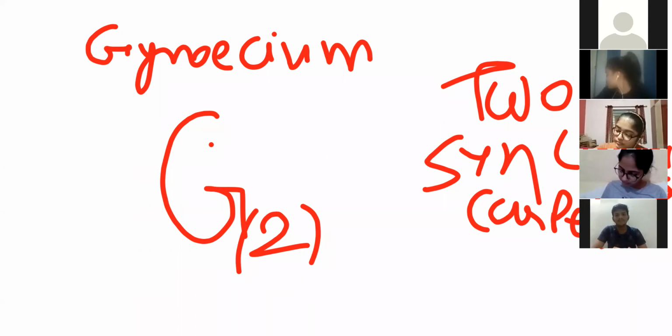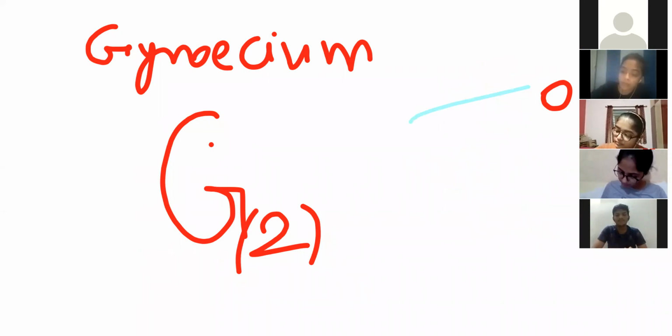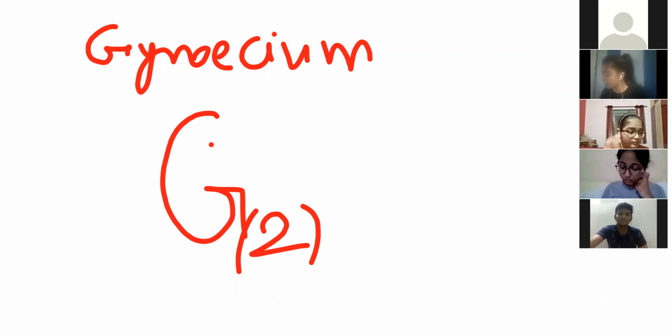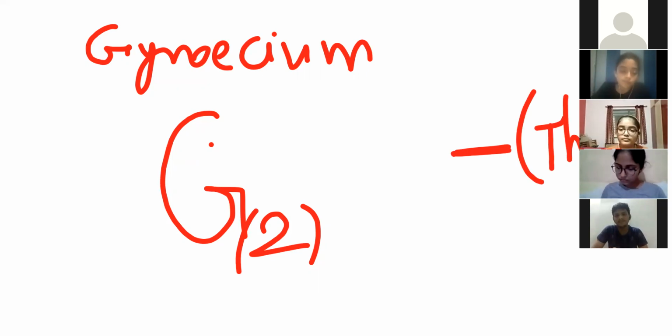Now the next very important thing. Remember hypogynous, perigynous, epigynous condition. Ovary position, superior, inferior, semi-inferior, right? So this thing also we can represent over here. Here we make a line. This line indicates thalamus.